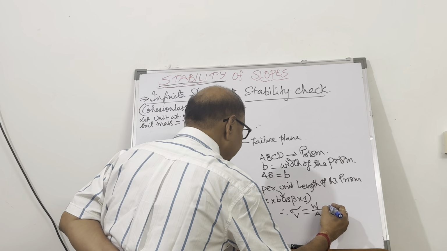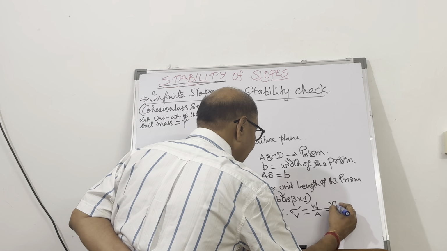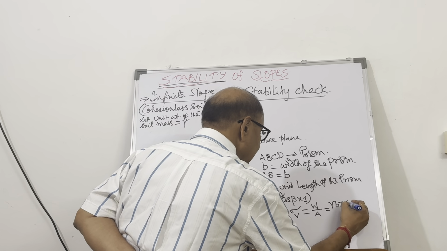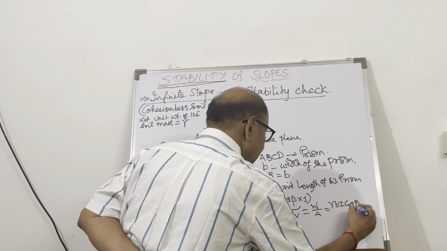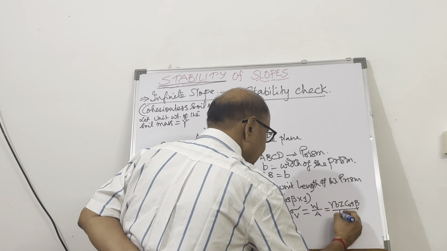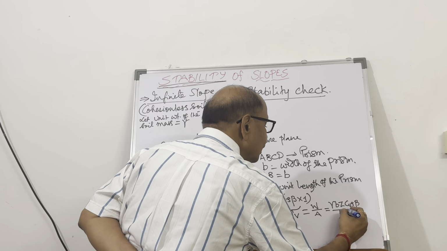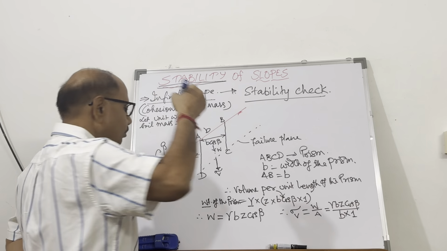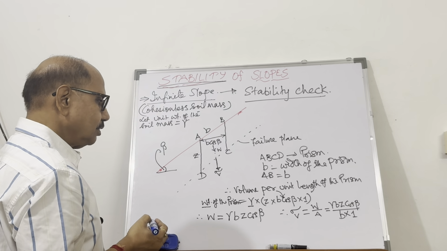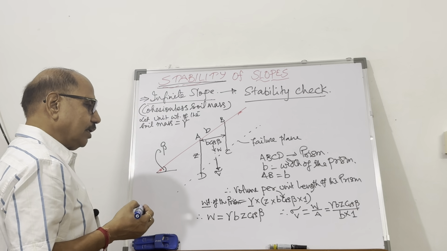So weight is already known to be gamma B Z cos beta, and the area is DC equal to B multiplied by per unit length, B into 1.